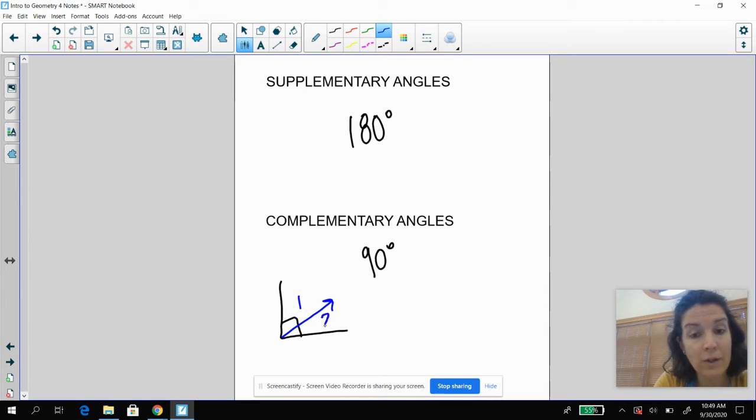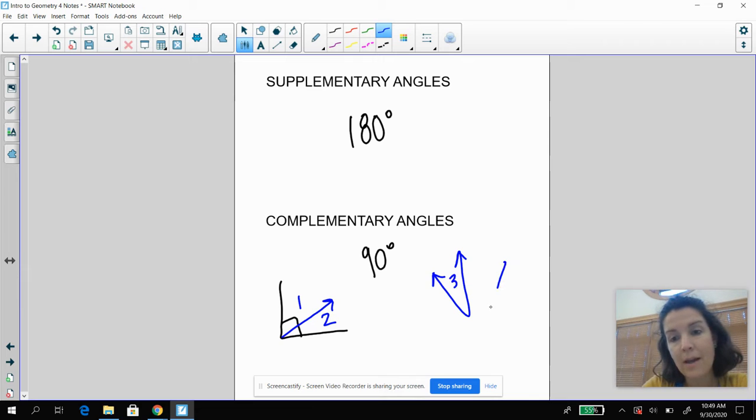So like angle 1 and angle 2 would be considered complementary angles. But I also could have a random angle like this, angle 3 and angle 4, and see how they're not adjacent. Totally fine. If they add up to 90 degrees, if one is 10 and one is 80, they're complementary angles and they're complements of each other.